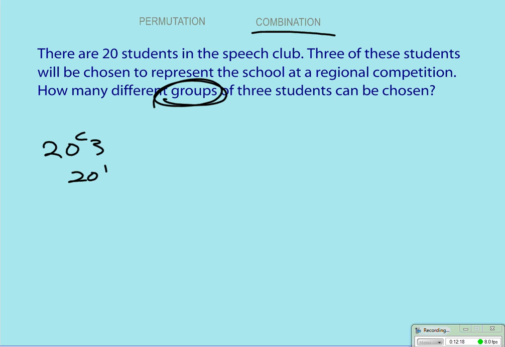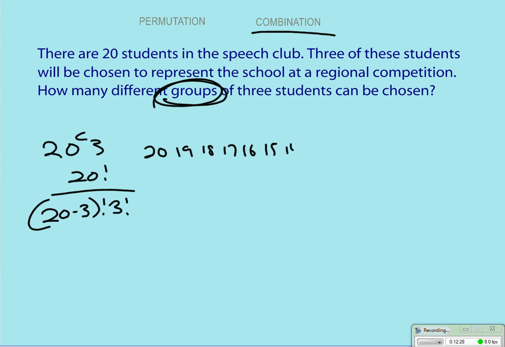So it's going to be 20 factorial over 20 minus 3 factorial, 3 factorial. So you go 20, 19, 18, 17, 16, 15, 14, 13, 12, 11, 10, 9, 8, 7, 6, 5, 4, 3, 2, 1, dot, dot, dot. There's a lot of dots. This is a big one.